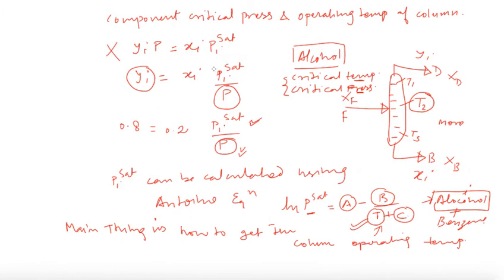So you have to keep in mind that the operating temperature of the column and the duty of the reboiler should be selected in such a way that the temperature of the column at any point of time should not go beyond the critical temperature of the recovery component. So we should keep the temperature of a column below the critical temperature of the recovery component.